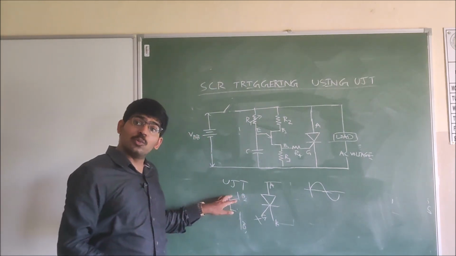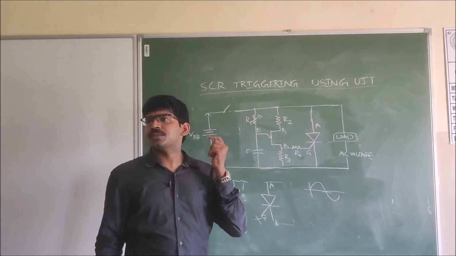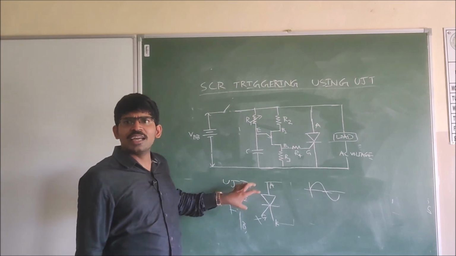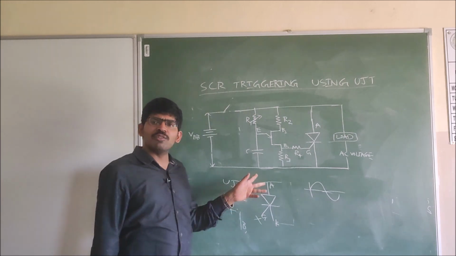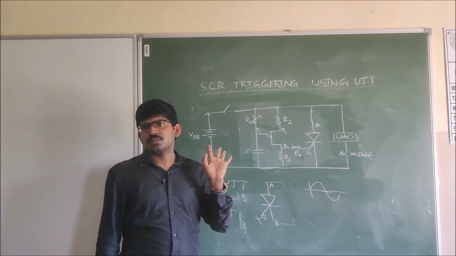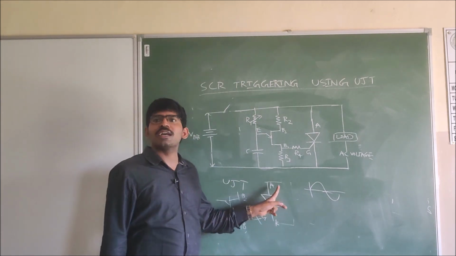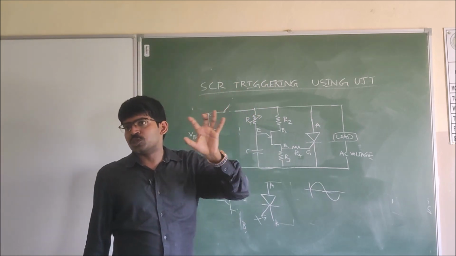The UJT will give a pulse only in the negative resistance region. If we operate this UJT in the negative resistance region, then it will give the pulse. That pulse can be given to the gate to trigger the SCR. That is the triggering of the SCR by using the UJT.